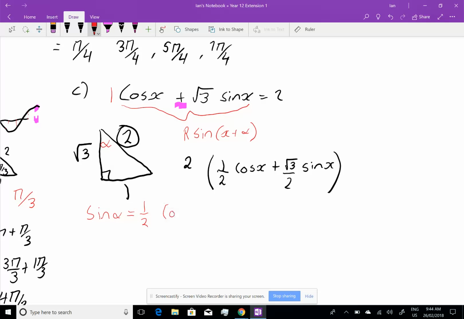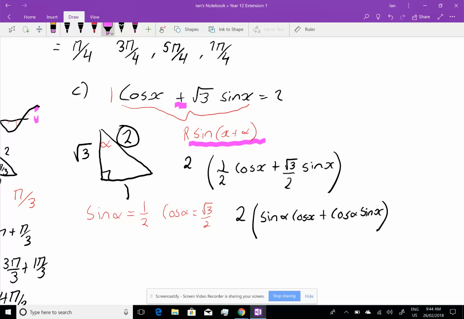And also I know that cos alpha equals root 3 on 2. So I can represent that root 3 on 2 as cos alpha. So now I've got 2, and I'm going to write sine alpha cos x plus cos alpha sine x.